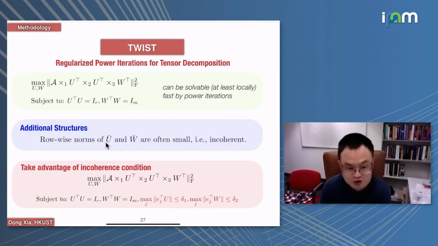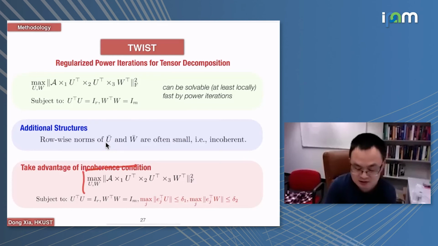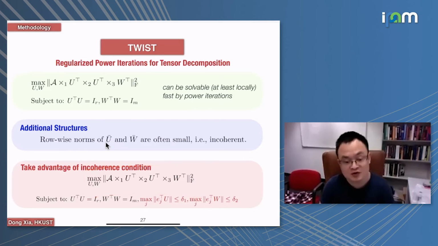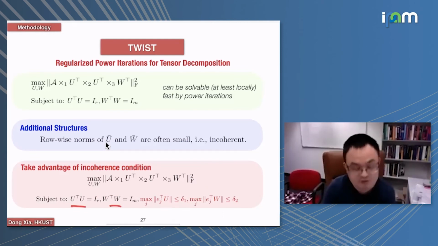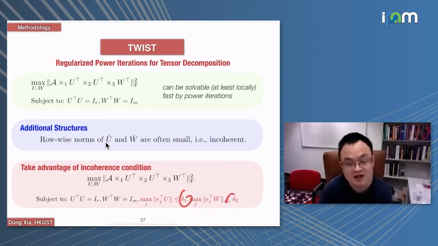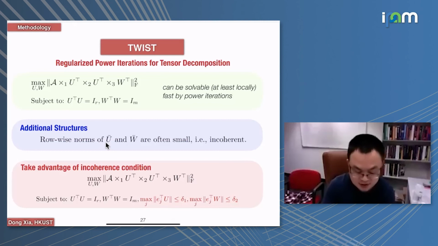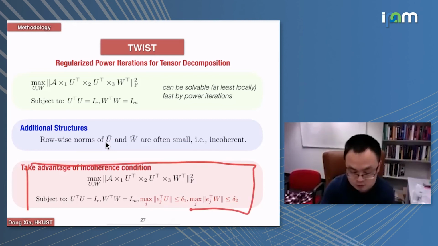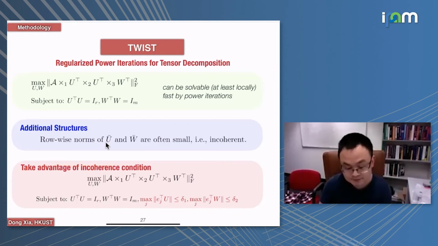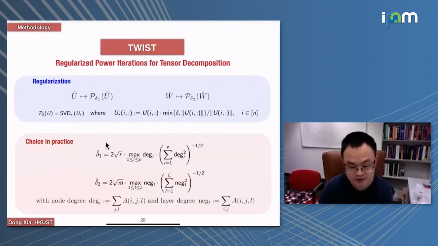Then, to take advantage of this additional structure information, a more natural formulation is the following problem. Again, we try to maximize this objective function, but for these singular vectors, the row-wise norms should be bounded by some small number. So now, this is the real problem we want to solve. Of course, we can apply the power iteration algorithm, but to enforce this condition, we apply an additional step, which is called regularization.